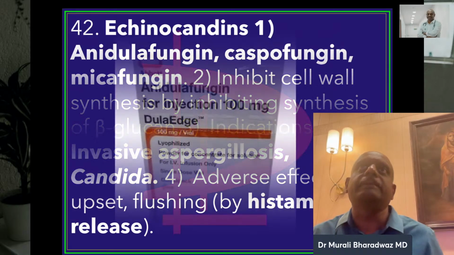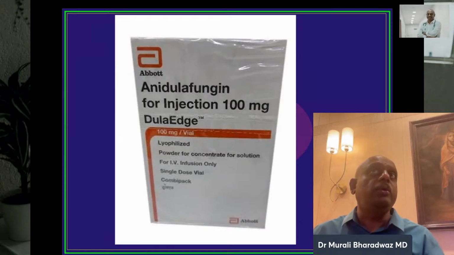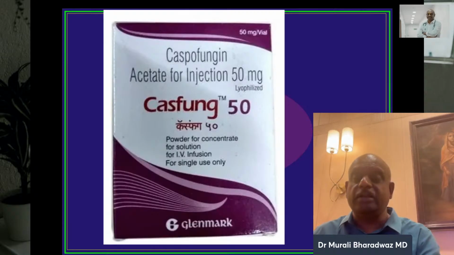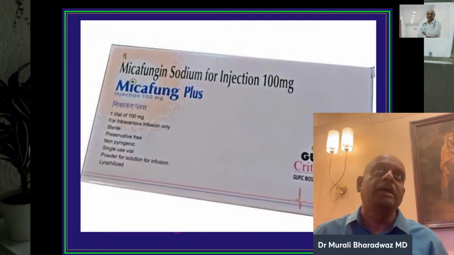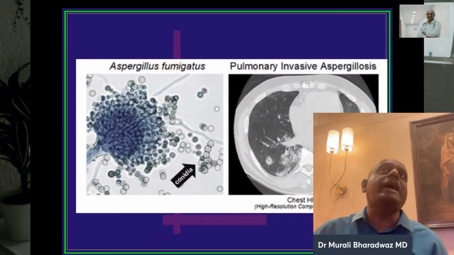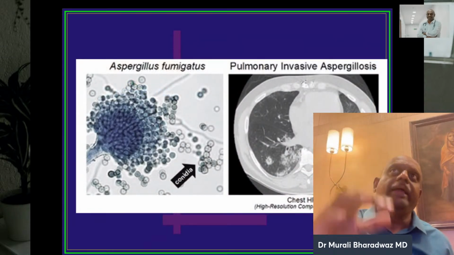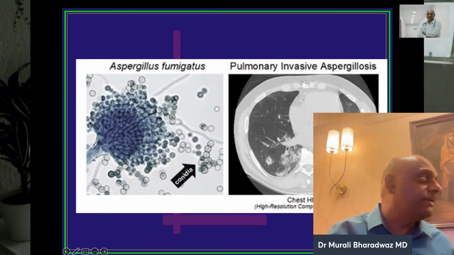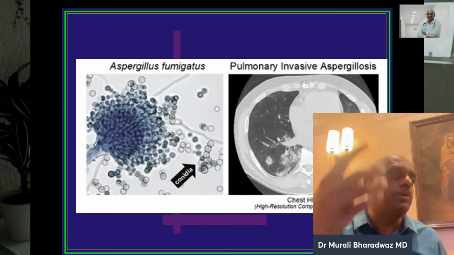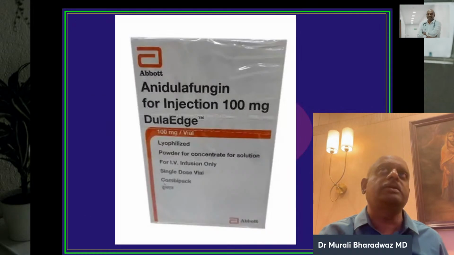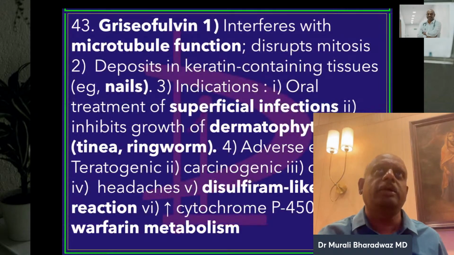You need to be watchful. So this is anidulafungin injection. This is caspofungin injection. They are called echinocandins. This is micafungin injection. So this is Aspergillus fumigatus, pulmonary invasive aspergillosis, where echinocandins will be helpful. Okay, doc.